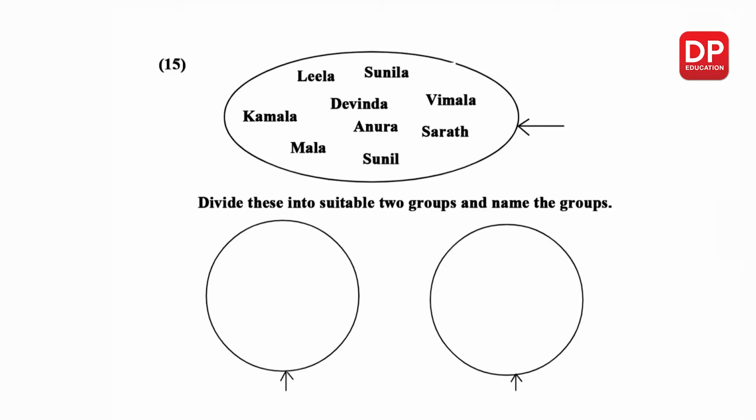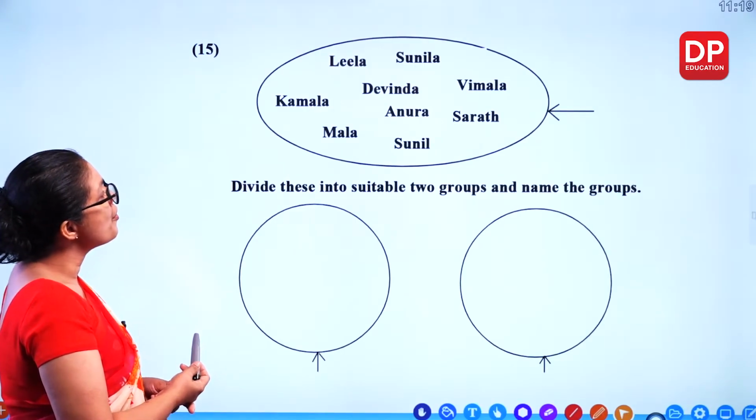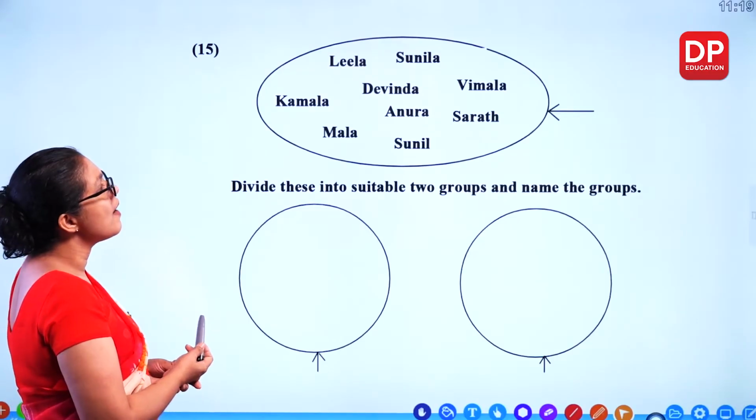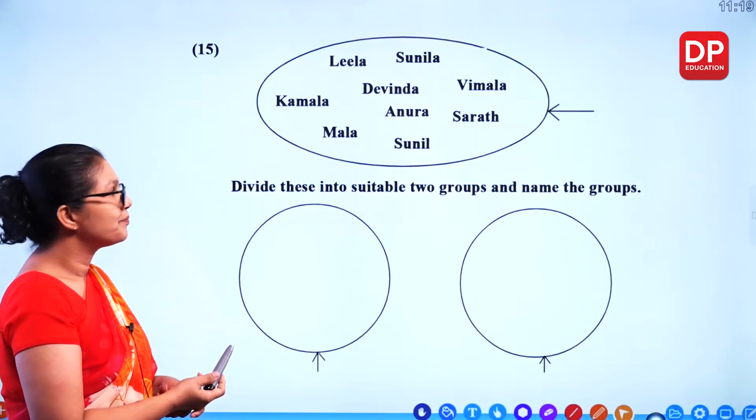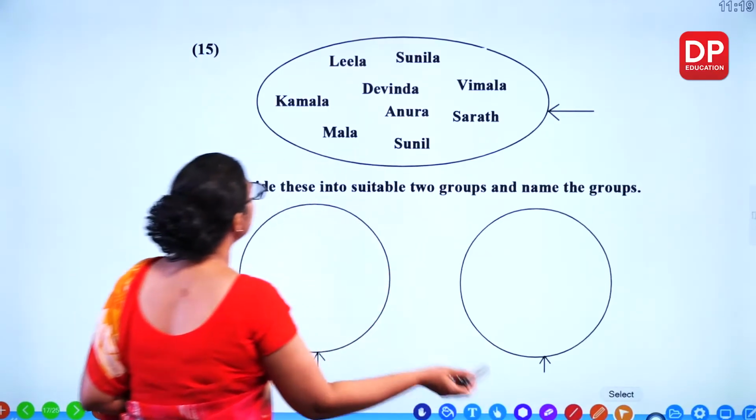Look at these ones. Divide these into suitable 2 groups and name the groups. Leela, Sunila, Devinder, Anura, Sunil, Mala, Kamala, Vimala, Sarath. So we can divide into 2 groups.